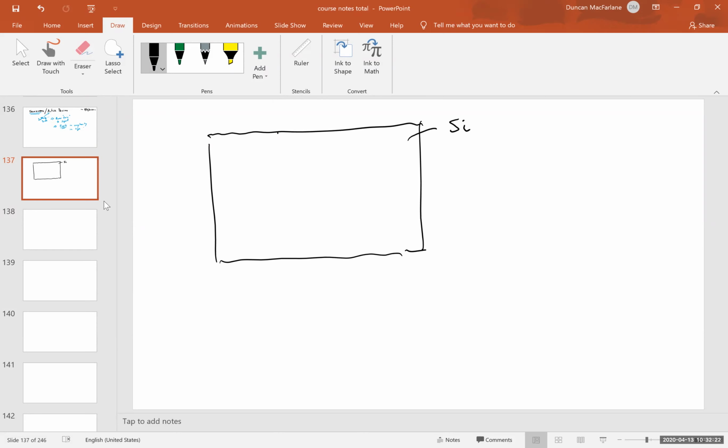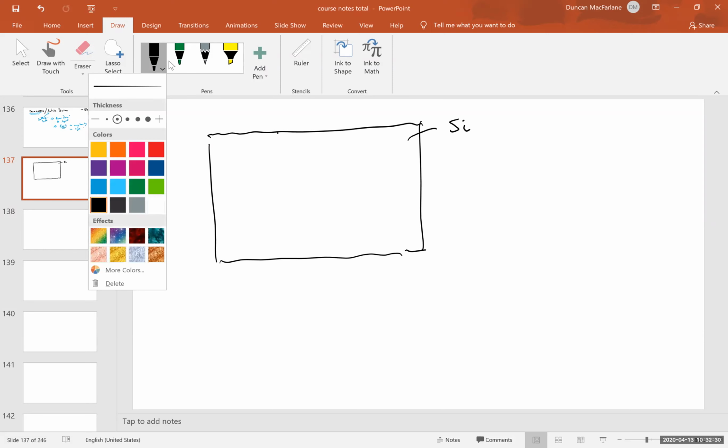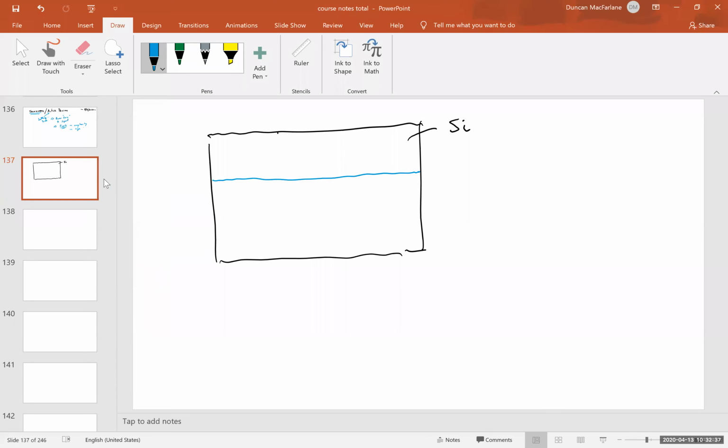So what I'm going to do is start with a piece of silicon. The first thing I'm going to do, and this is talked about very nicely in the video, is put some doping into a region like this.